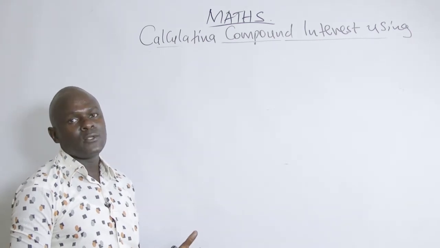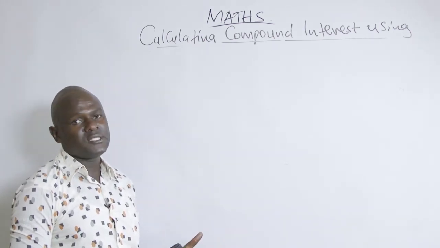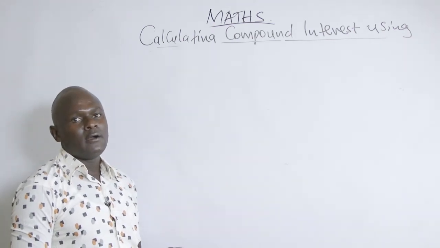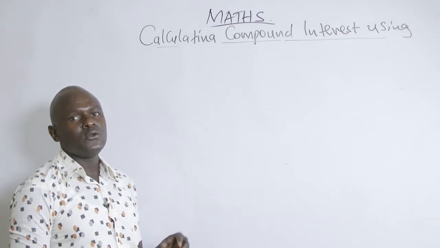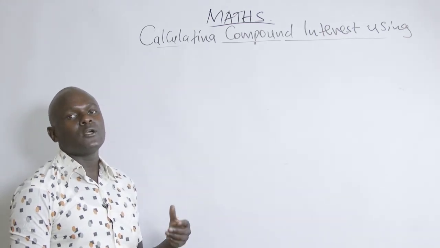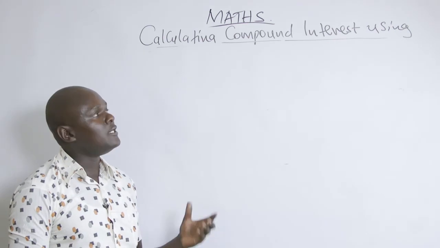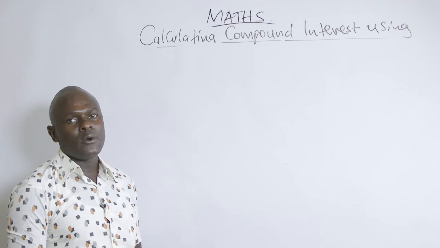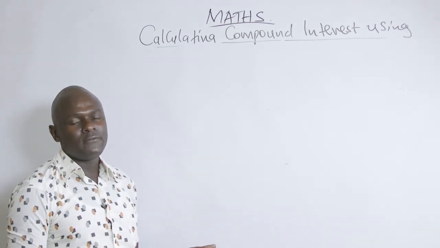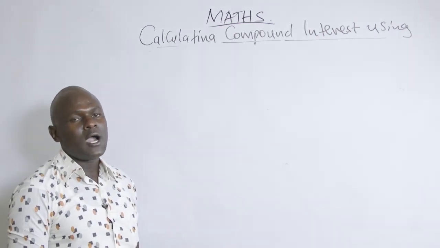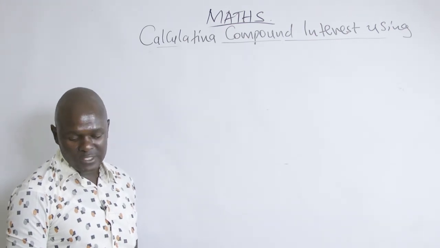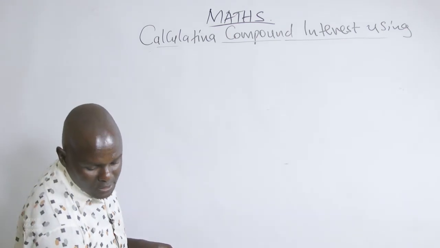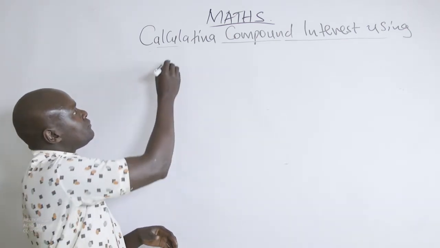The first is on our period, and the second is on our rates. Once you make those very important adjustments, you feed the same information in the compound interest formula, and you will be able to calculate the amount. Or if you are required to calculate the interest, then you will find the difference between the amount and the principal that was invested. Let me now give you an assignment that will help you in revision.